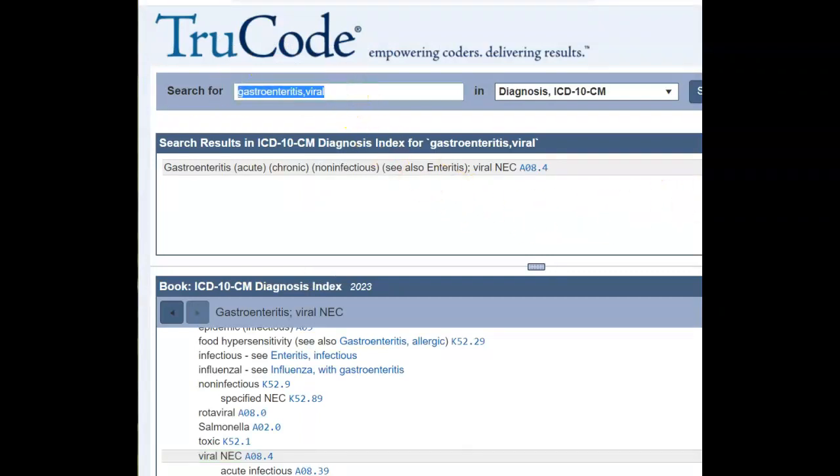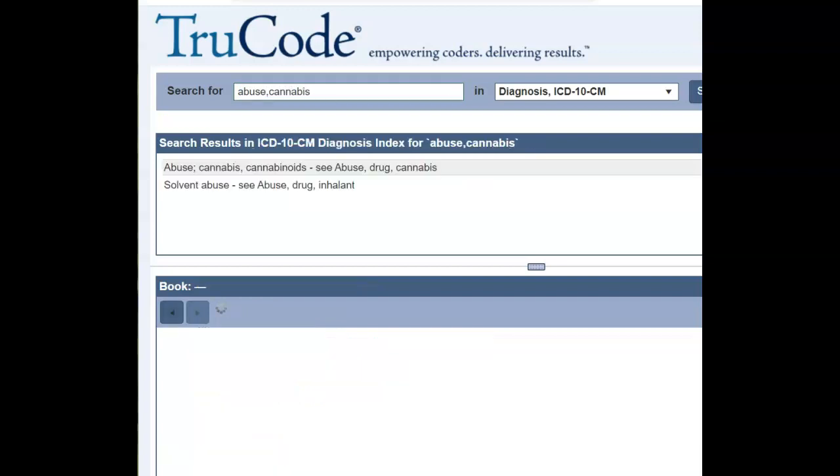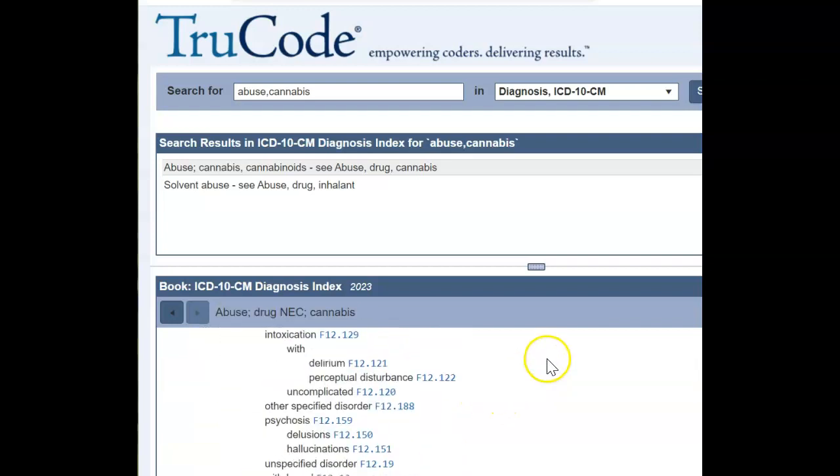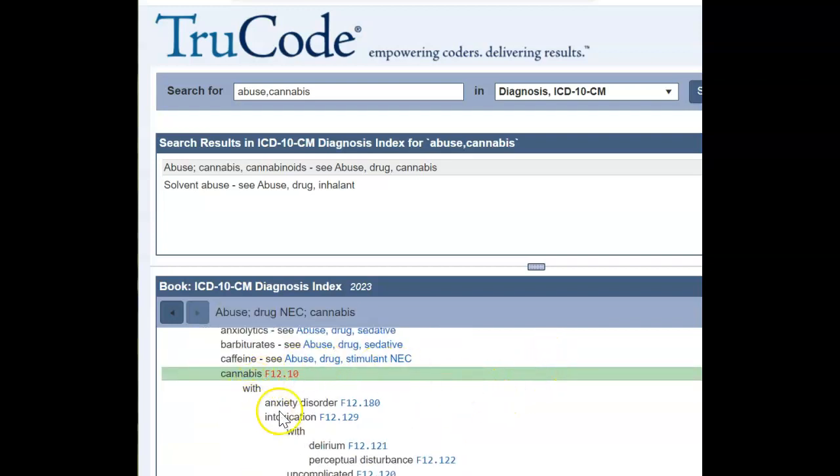So with this one, it's going to take you to put in abuse, and you can look under marijuana, but it is going to take you to cannabis. So here we have abuse, drug, cannabis. I'm going to click on that. And with that, it's with anxiety disorder. So I need F12.180. I had a few students ask about that one.